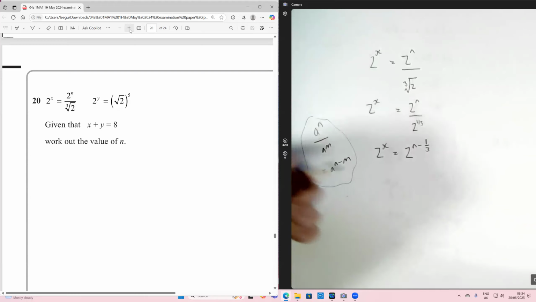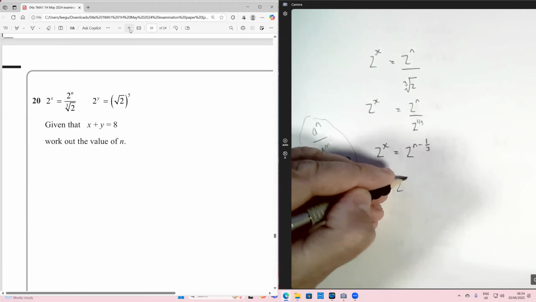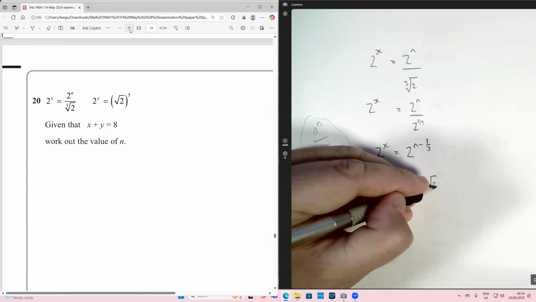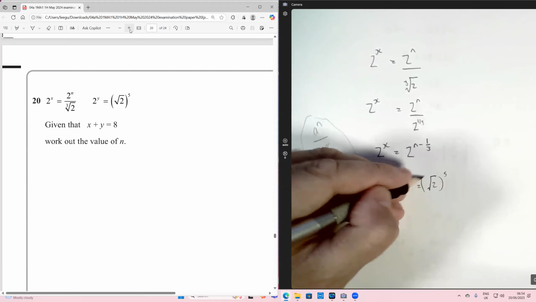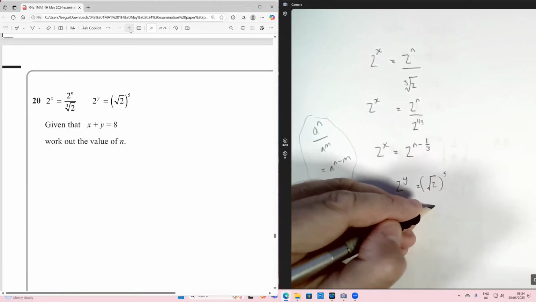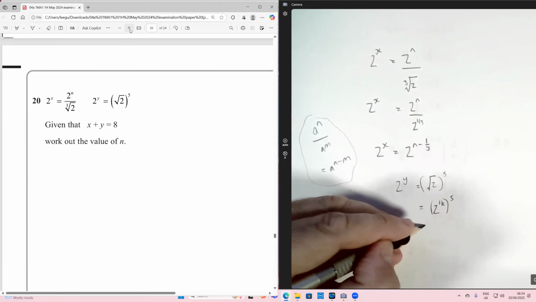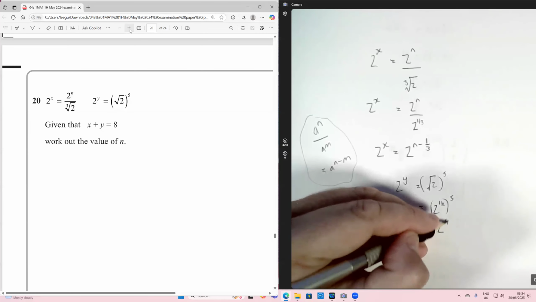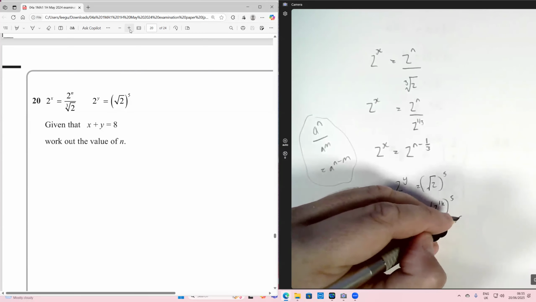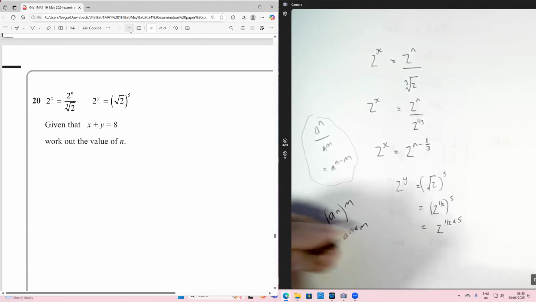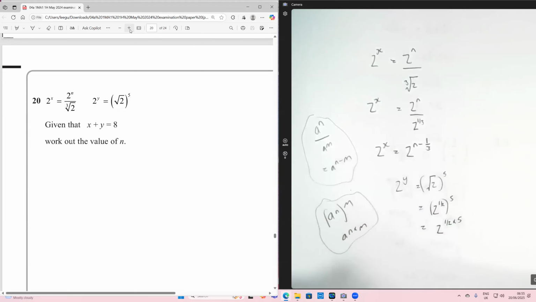Let's now turn our attention to the y one. 2 to the power of y is equal to the square root of 2 all to the power 5. So I'm going to rewrite the square root of 2 as 2 to the power of 1/2, to the power of 5, which is then going to be written as 2 to the power of 1/2 times 5, using a to the n to the m is a to the n times m, using that law of indices.